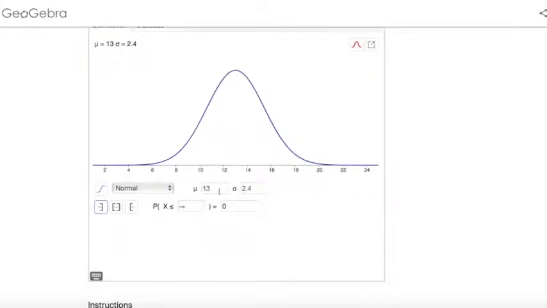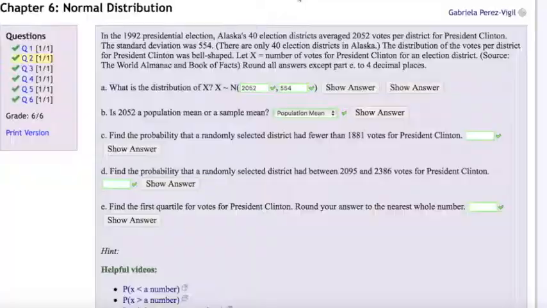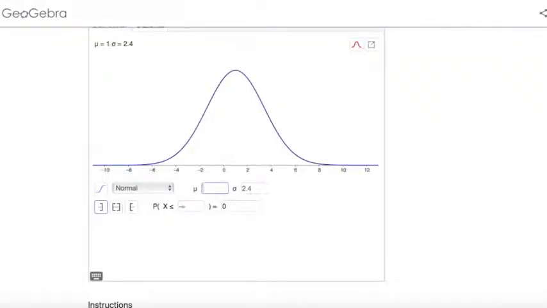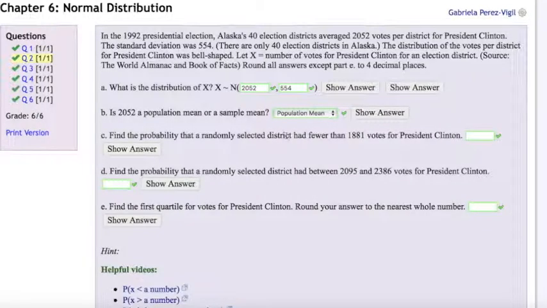Okay, so I would just open this, make sure that your standard deviation and your means are similar to what the problem says. So I would just change that to 2052, 554. And notice how your x's are changing right here. So you want to find the probability that it's fewer than.